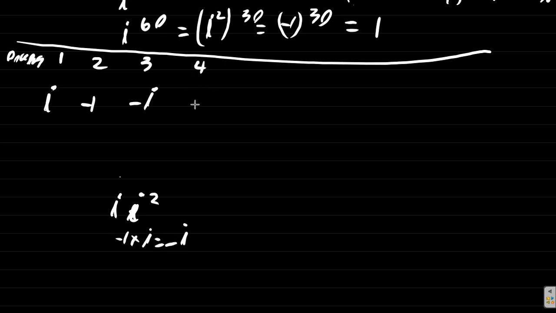Then to the fourth power is i squared squared, so it is (-1) squared, which is positive 1.